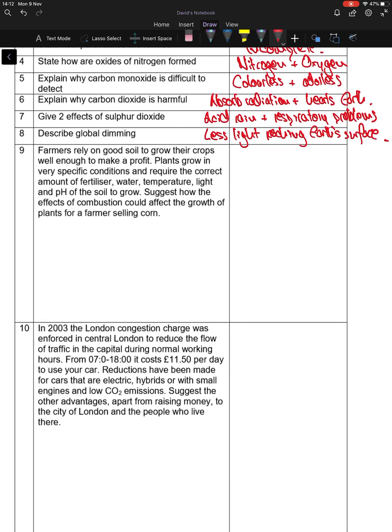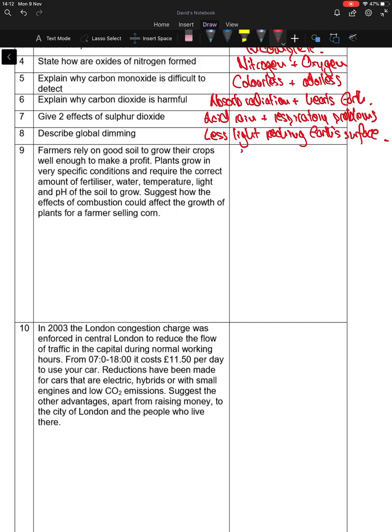Then, farmers rely on good soil to grow their crops well enough to make a profit. Plants grow in very specific conditions and require the correct amount of fertiliser, water, temperature, light, and pH of soil to grow. Suggest how the effects of combustion can affect the growth of plants for the farmers selling corn.